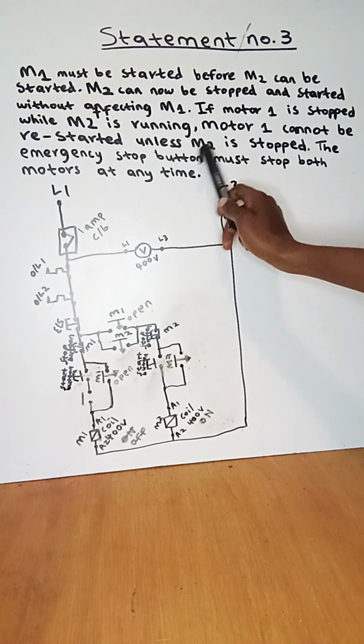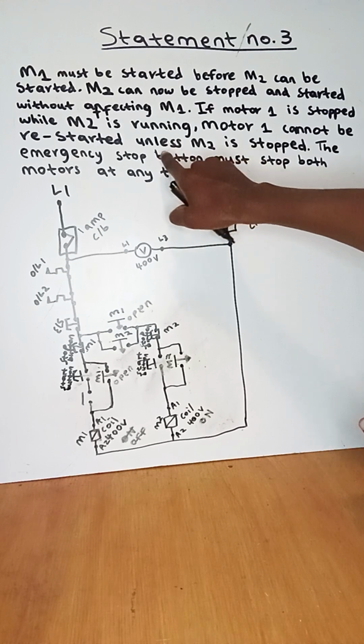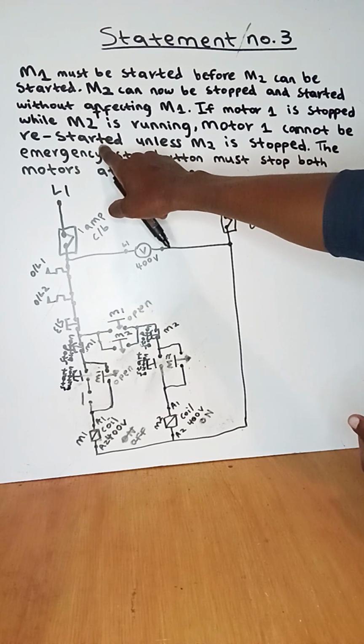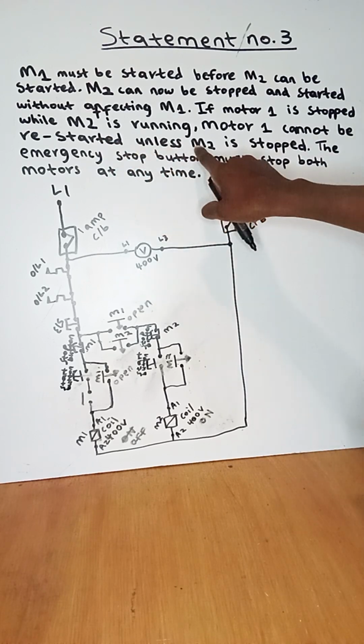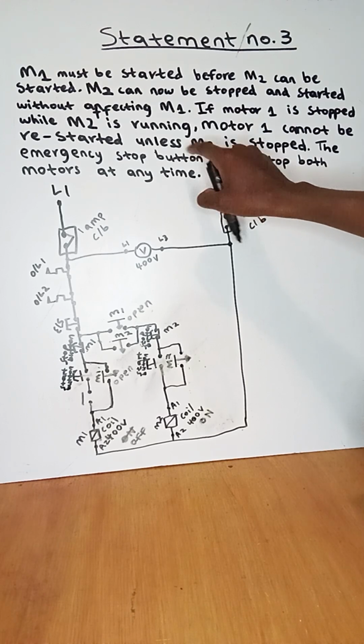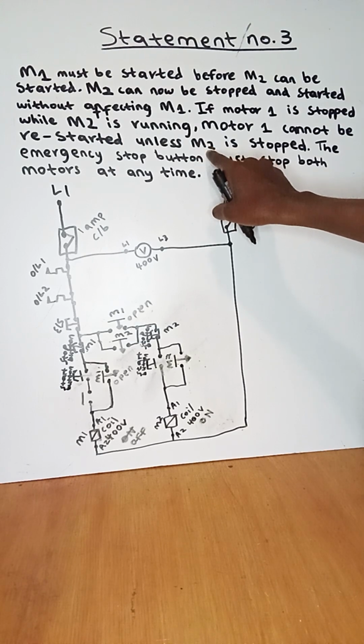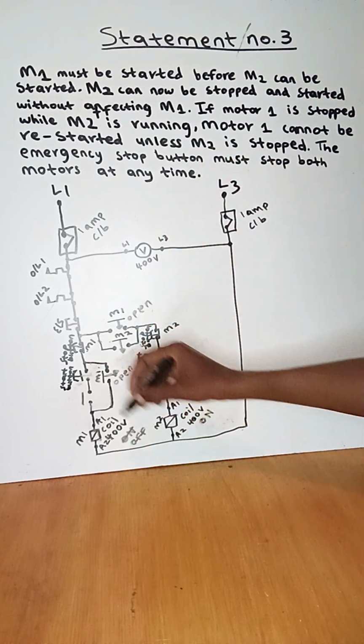Unless motor 2, so it tells us that the contact that disturbs motor 1 must only be triggered by the coil of motor 2 when it's stopped.